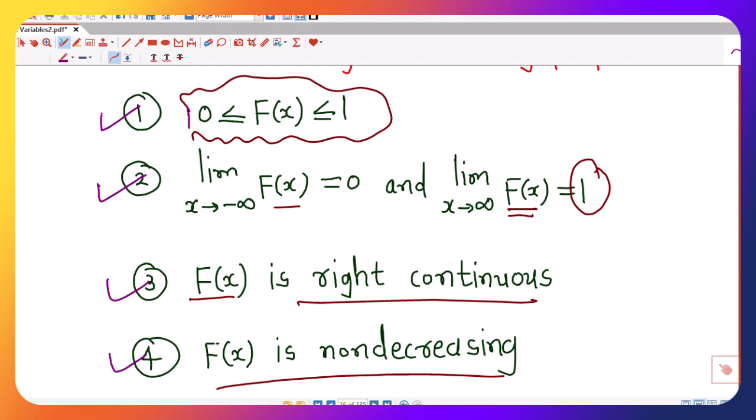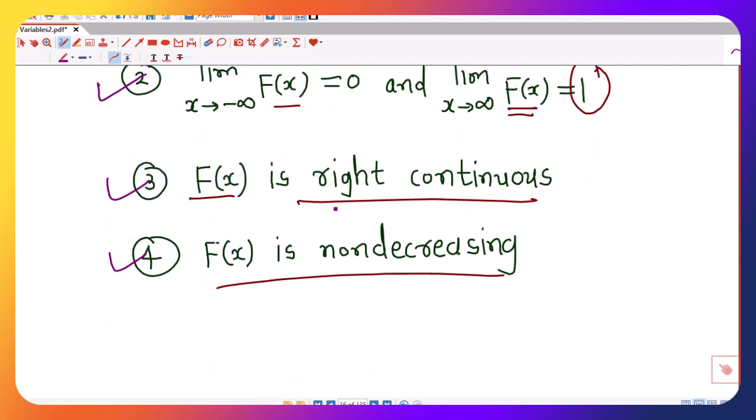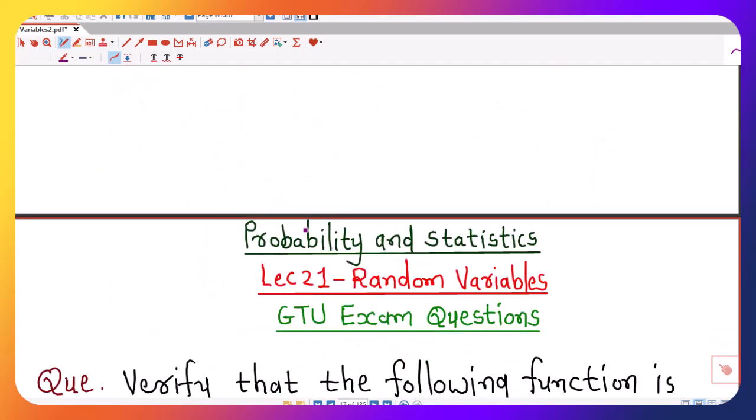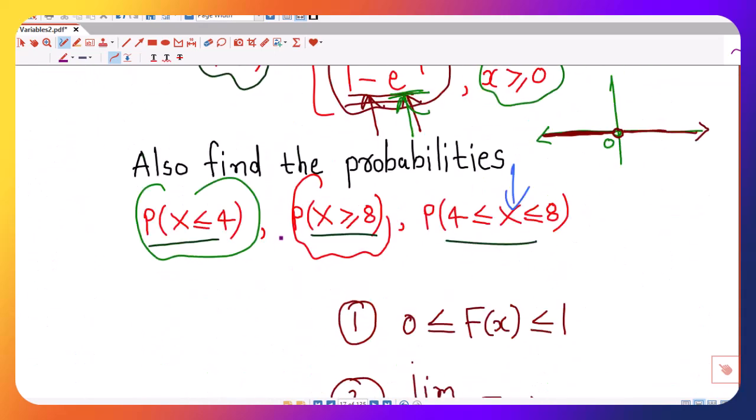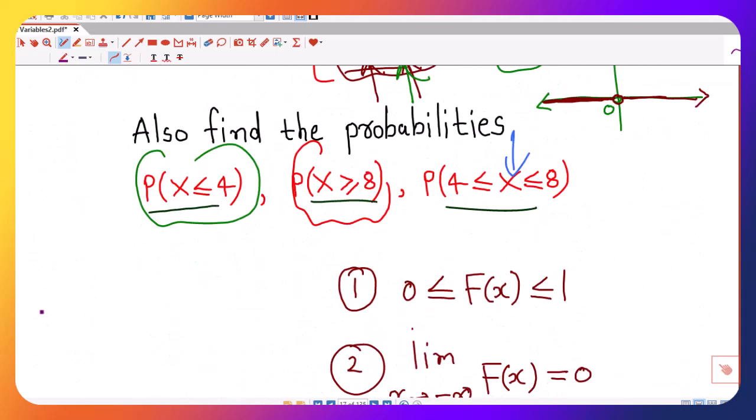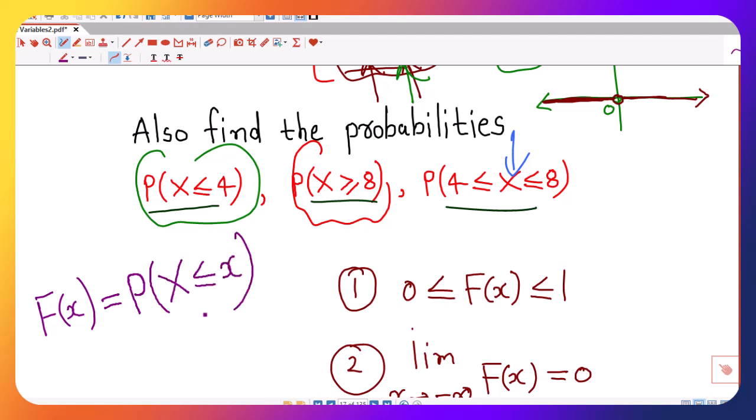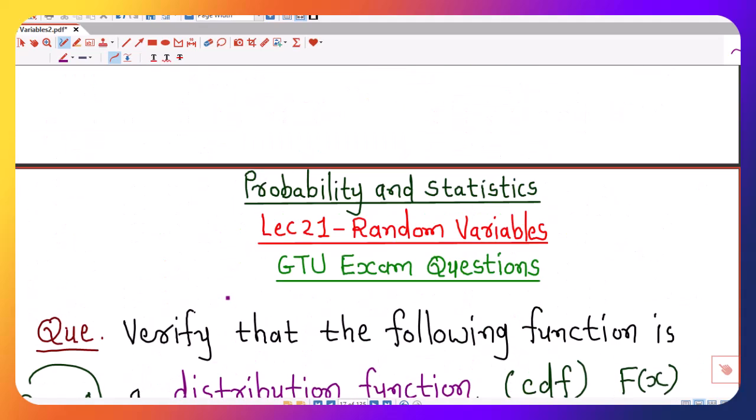If it satisfies all these properties, then it is a cumulative distribution function or distribution function. And to calculate these probabilities, we are using the definition of CDF, which is F(x) equal to the probability of the event capital X is less than or equal to x. So this is all about this session.